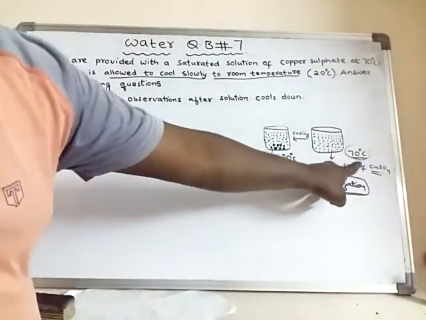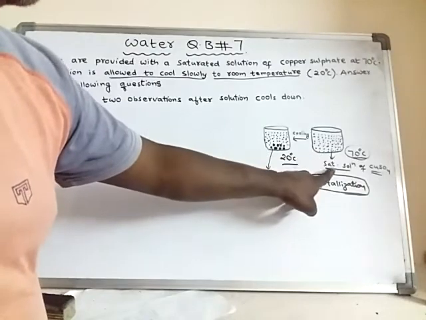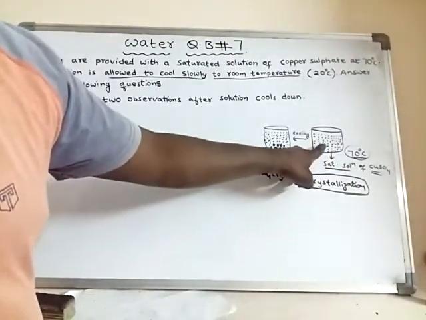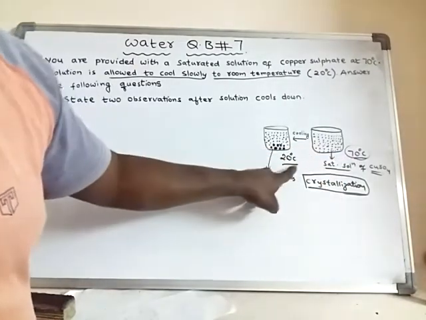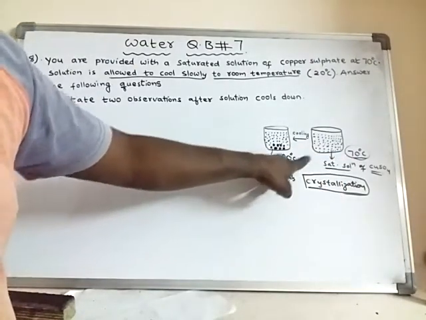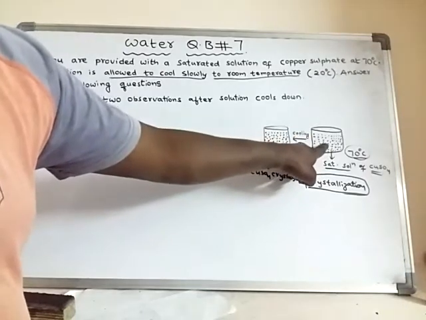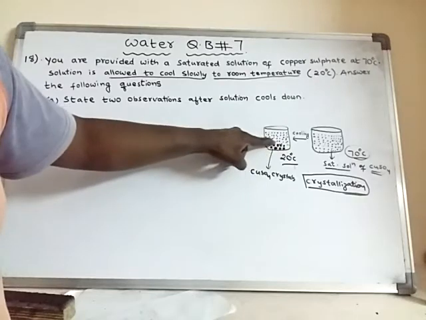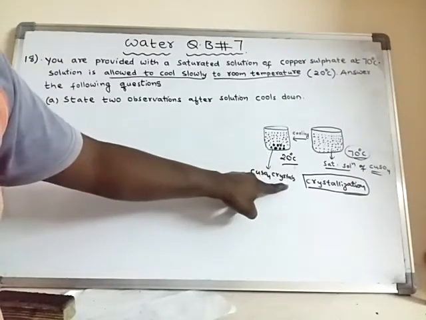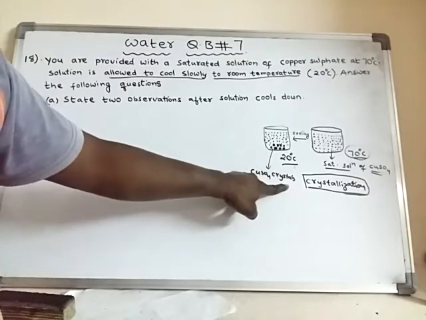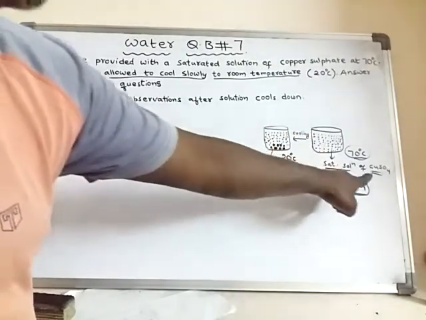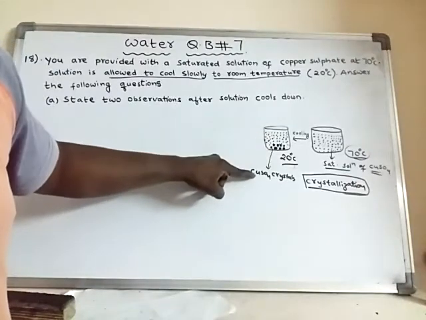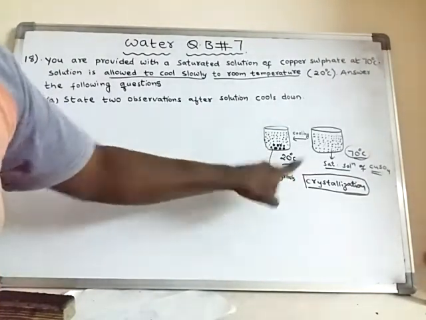Whenever a saturated solution is cooled from a higher temperature to a lower temperature, some amount of the dissolved substance will come out from the solution and settle at the bottom in the form of crystals. Here the dissolved substance is copper sulfate, so we'll get copper sulfate crystals at lower temperature.